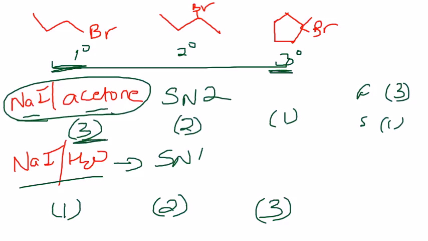Tertiary is going to be the slowest, so I'm going to give that a number 1. And of course the secondary is intermediary. If you exchange that with sodium iodide and water, then you're going to see the fastest reaction for a tertiary halide, because the carbocation is going to get generated pretty quickly, and the primary halide is going to get number 1.